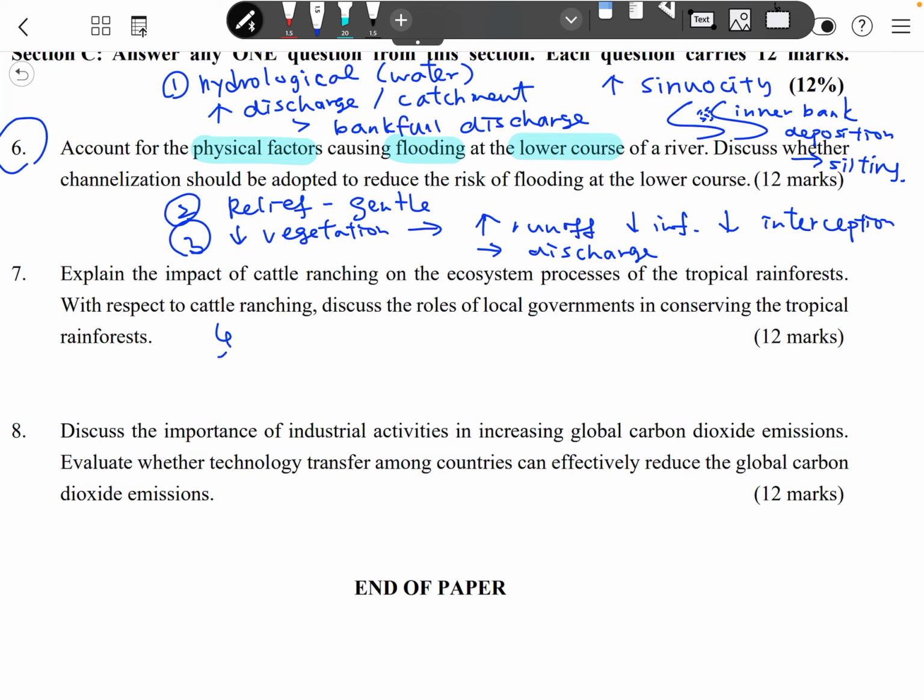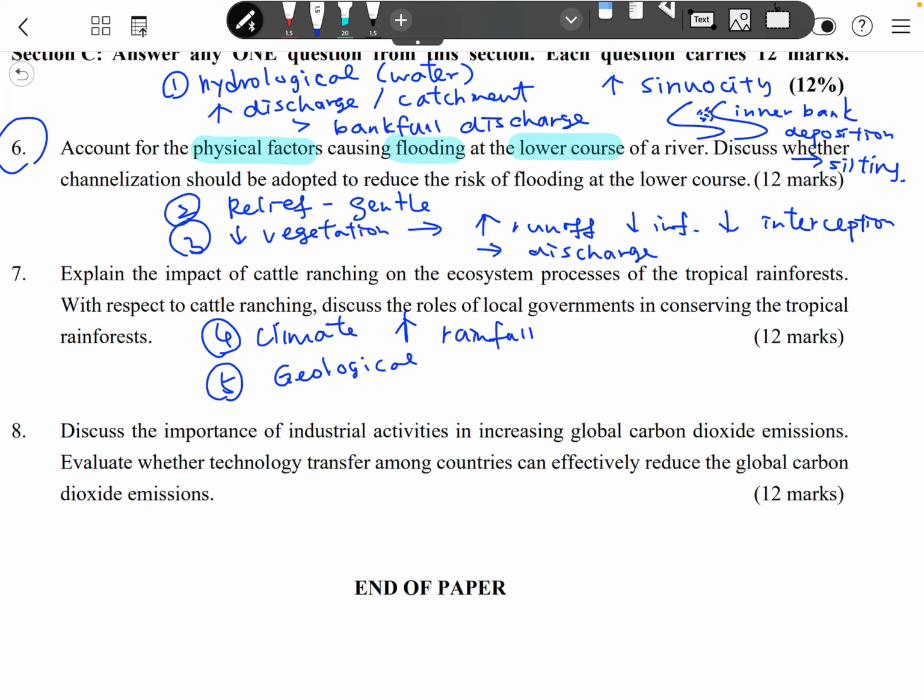The last two, of course, are about climate. For the lower course, if they have high rainfall, it easily causes flooding. The last one is about the rock, the geological factor.